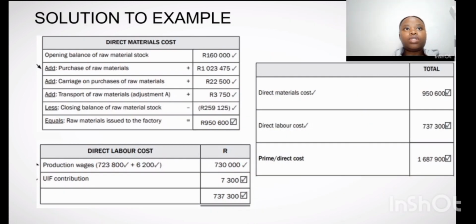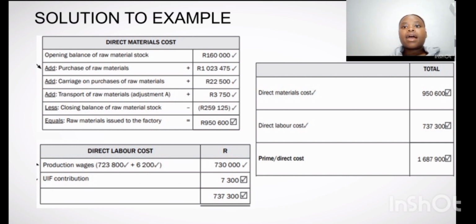Moving on to the solution of the example of the activity. We are going to start with the direct material or raw material cost first. For the direct material, they gave us an opening balance at the beginning of the year of 160,000. So we're going to put that amount at the beginning.